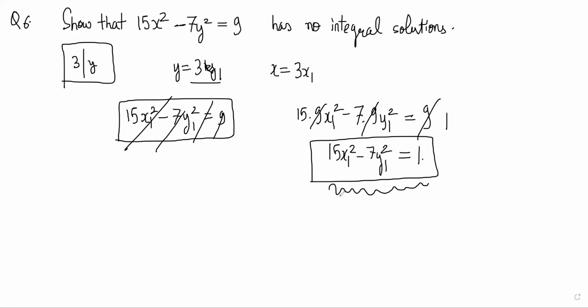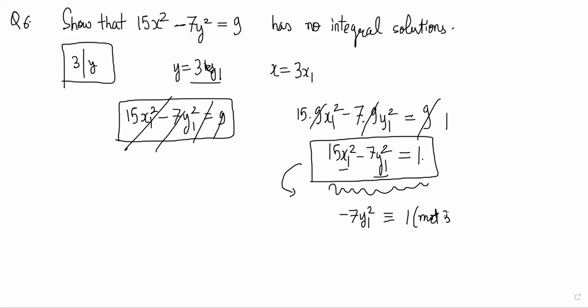How do you know that is the question? X1 can be small and this can be quite large and the difference can be 1, no? Don't assume things. Just now here, if you do mod 3, you will get minus 7y1 square is congruent to 1 mod 3.